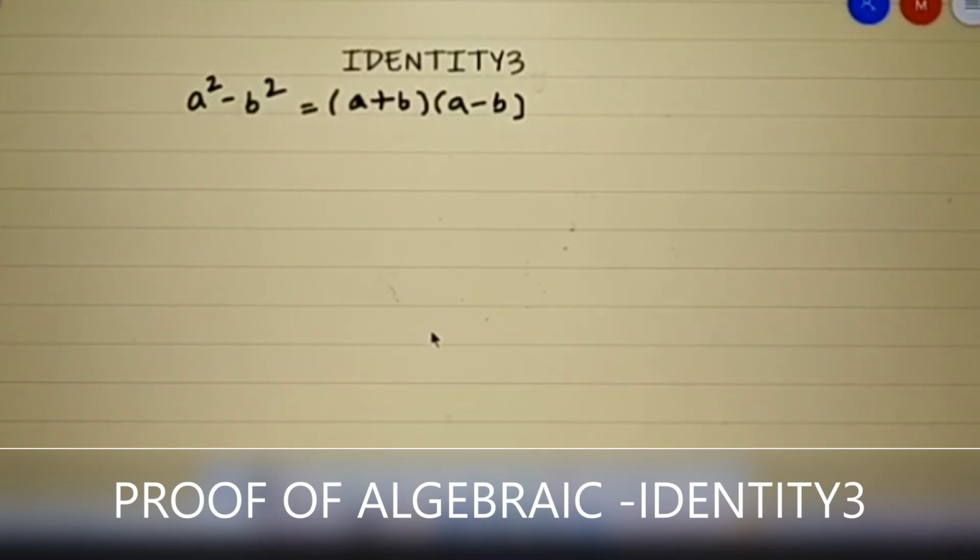For that we need a rectangle, because length into breadth is the area of a rectangle, and we consider a plus b as length and a minus b as breadth of a rectangle, then length into breadth, and accordingly we will prove it equal to a square minus b square. So let's see how we do this taking a rectangular sheet.